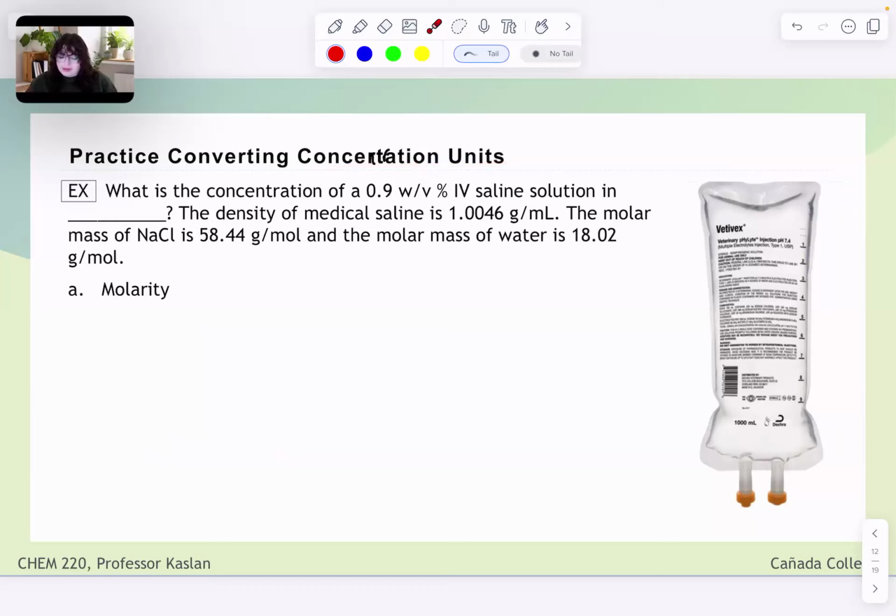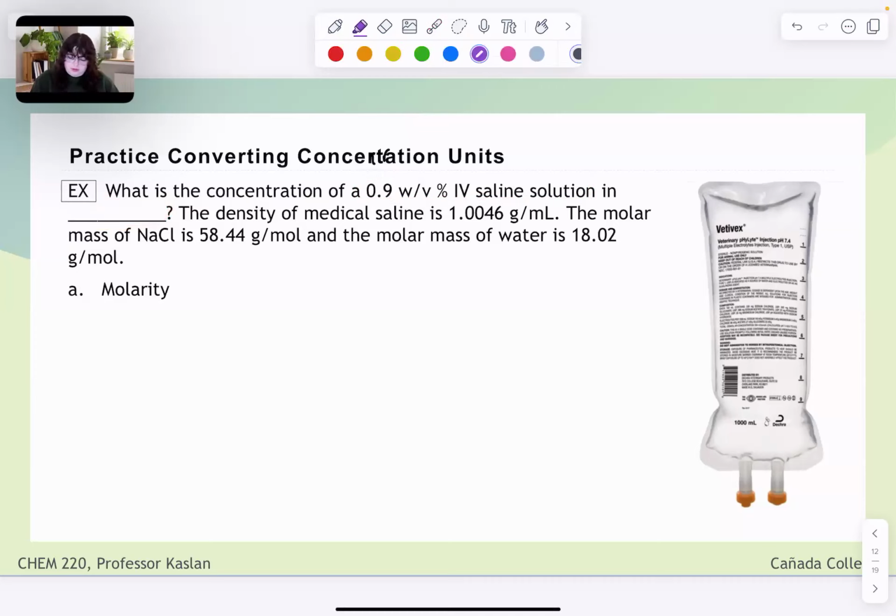So here we have an example of a really common way of expressing saline solution. So we've got an IV bag of saline made for animals. They've given us the volume in the bag. We'll see if that's the volume that we want. And we are asked to determine the concentration of a known concentration unit of saline in a particular unit.